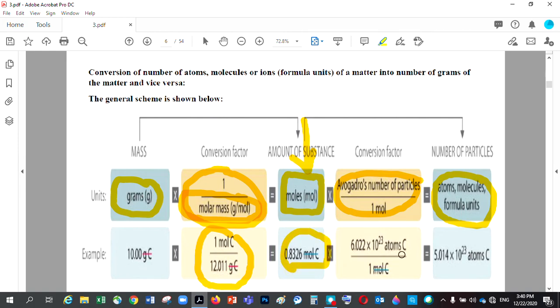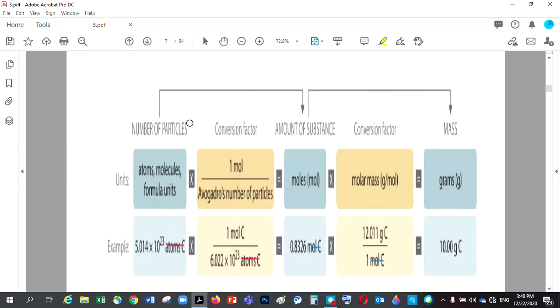Multiply the moles by Avogadro's number, atoms per mole. The mole will cancel out with the mole, carbon, and I get a large number, as I said, of atoms of carbon, correct? And I have to observe, here's 4 sig figs, and here we have 4 sig figs. I have to watch the 4 sig figs for my final answer.